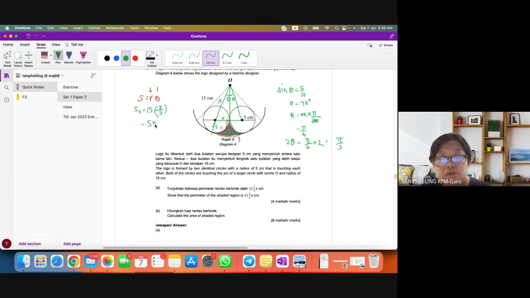Okay, so now moving on, we want to find the arc length of the small circle. Okay, so the small one, we know the radius is 5, but how do we find out about this one? Okay, about this one, let me see here. Do we have any idea? They just say that it touches, right?